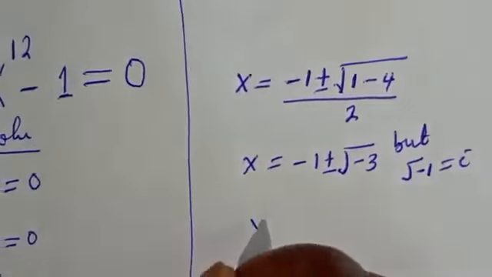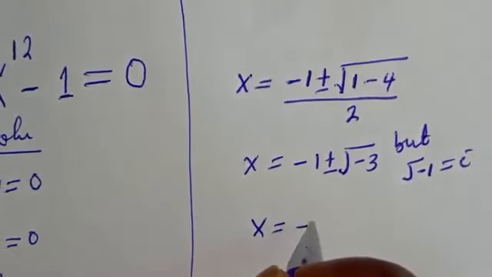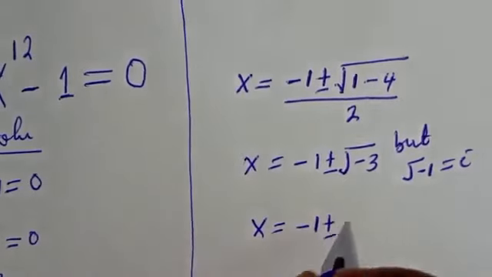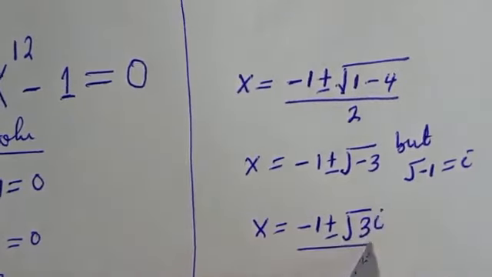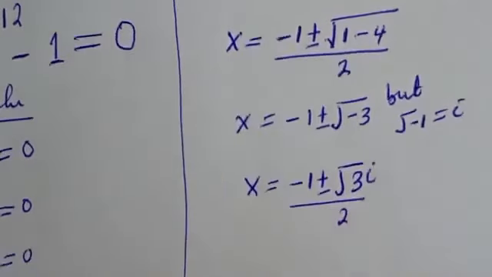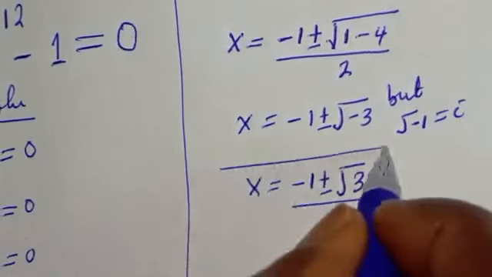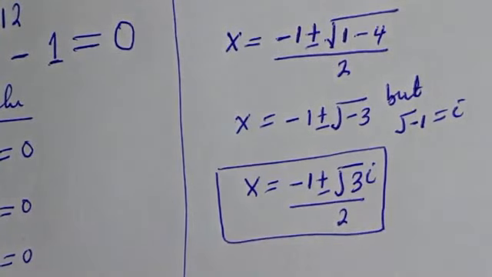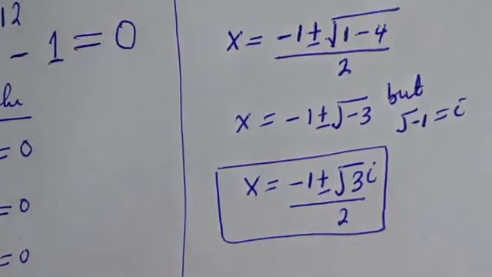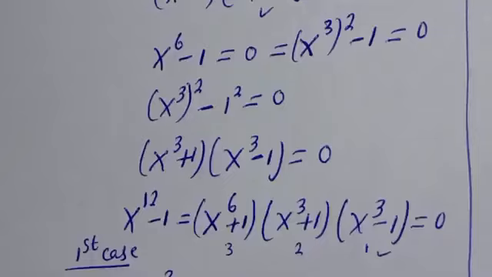Then s is equal to minus 1 plus or minus root 3i over 2. This is the value of s. Let's call that one second value of s. Then let us consider the second case.